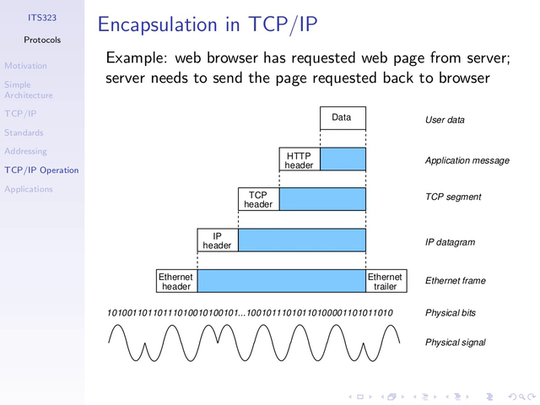What is the rate at which we're delivering useful data across the link? Because not all of those bits are useful from the user's perspective. From the user's perspective, what was useful was our original data of 10,000 bytes.